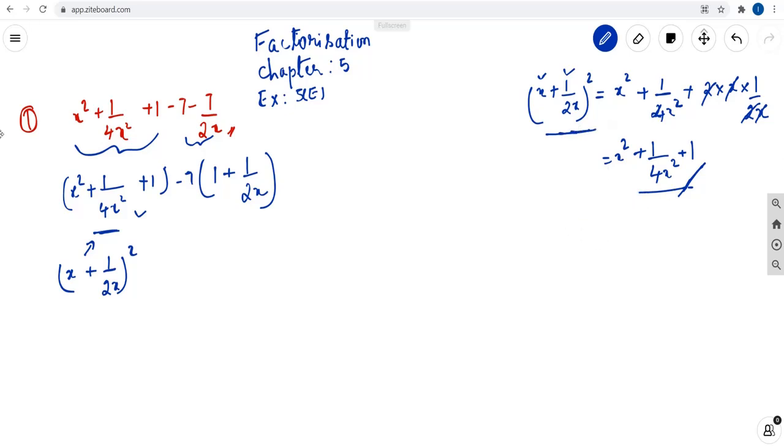Here I will rewrite the rest as it is. I'm not going to make any changes here. So this becomes minus 7 into 1 plus 1 by 2x.